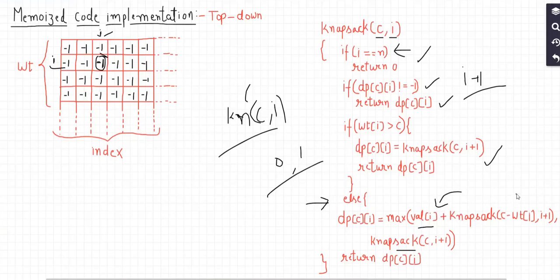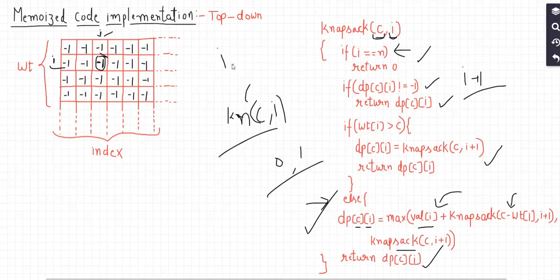If we are putting, we have to decrease the capacity of the knapsack by the weight of the item we are putting in, and if we are not taking the item, then we pass the capacity as it is and call the function on the next index, and we store it for this particular C and I in the DP table. Finally, we return our DP array for that capacity and the index.